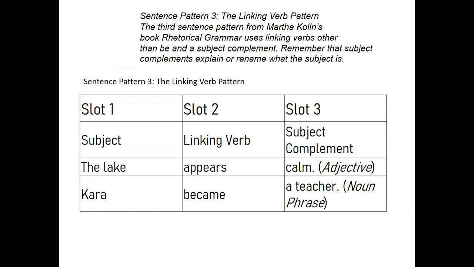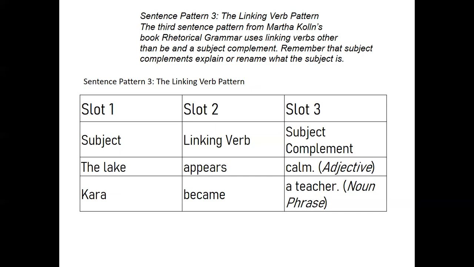Earlier we used the be verb, but right now we are using the linking verb, and what differs them is how we explain the subject using the subject complement through the linking verb.